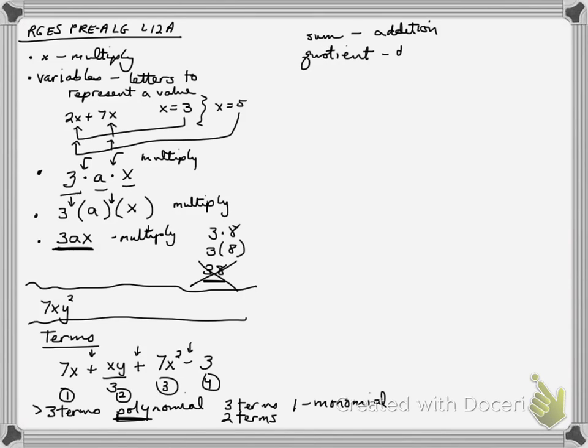Product is the answer to a multiplication problem. And what am I missing? Difference is the answer to a subtraction problem. So make sure you know these 4 vocabulary words. Very important for algebra.